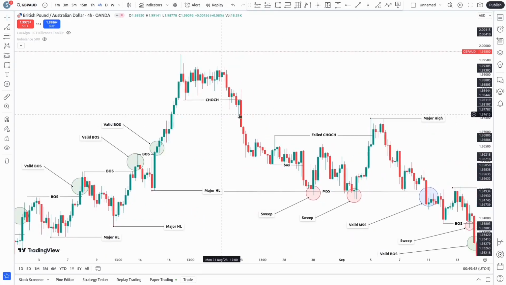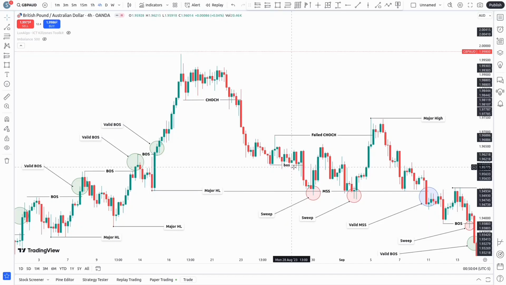So when market comes down to this place, we have some moves here which we consider as our substructures. Market forms a high here, comes to this place.